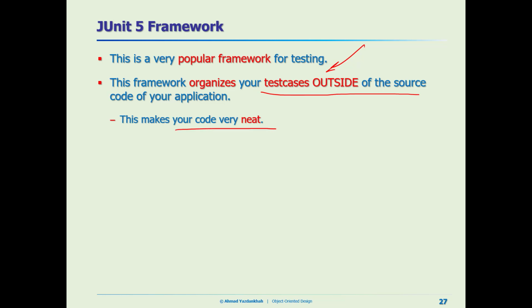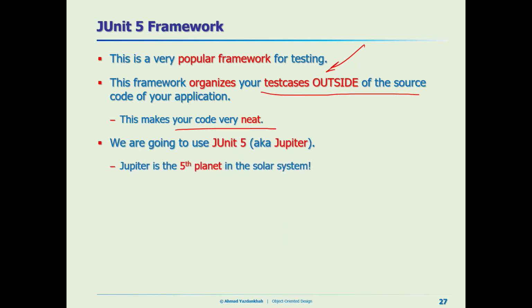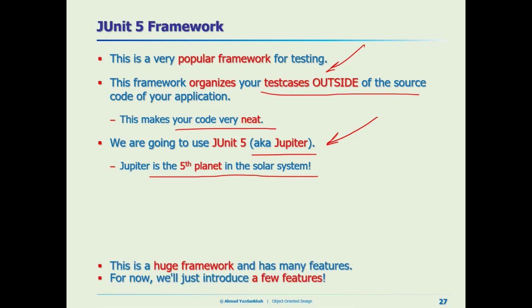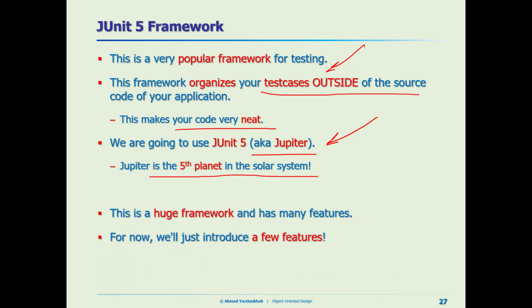JUnit 5 is also called Jupiter, maybe because Jupiter is the fifth planet in the solar system. This is really a very huge framework, and teaching it needs a lot of time. So here I'm just going to give you a taste of it, just a few features of the JUnit 5 framework.